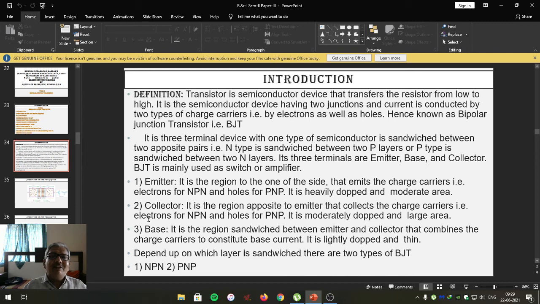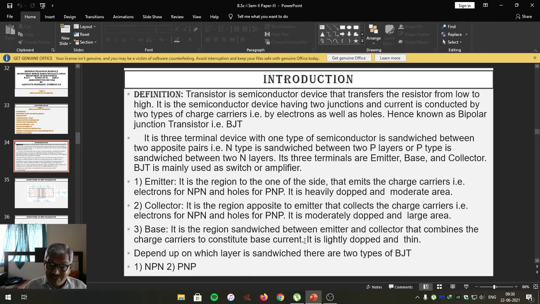The third terminal associated with the BJT is called the base. It is the region sandwiched between emitter and collector, that combines charge carriers to constitute the base current.